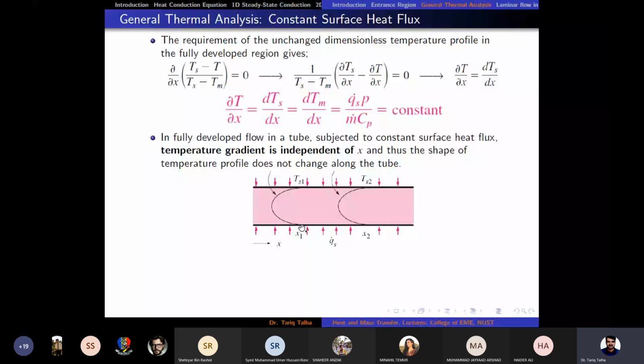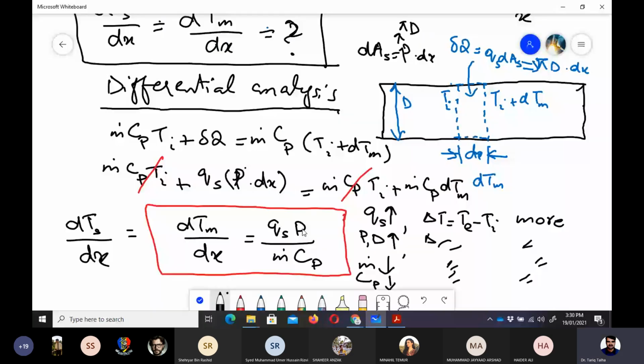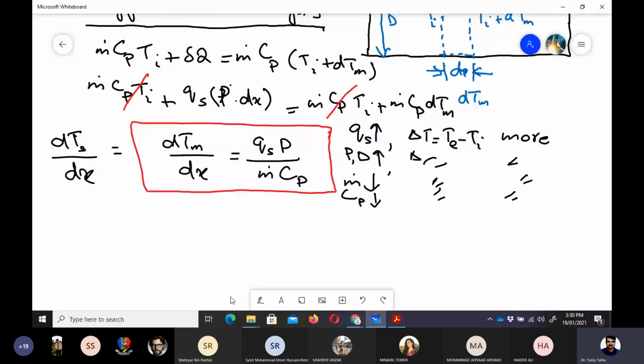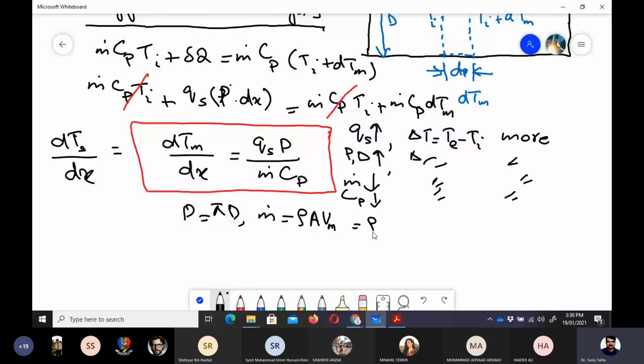So it means that the profile would remain the same. Now if we want to write q dot s over m dot cp, and put in the values, we can write that P is equal to pi d, and m dot is equal to rho A V. The cross-sectional area of the pipe is pi by 4 d square, into Vm.